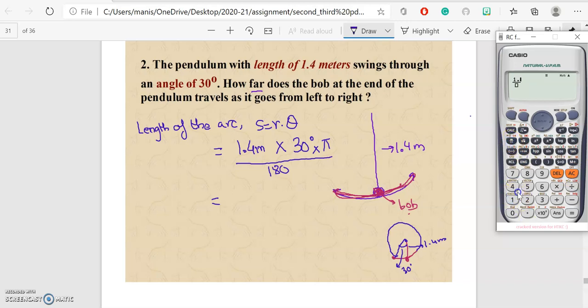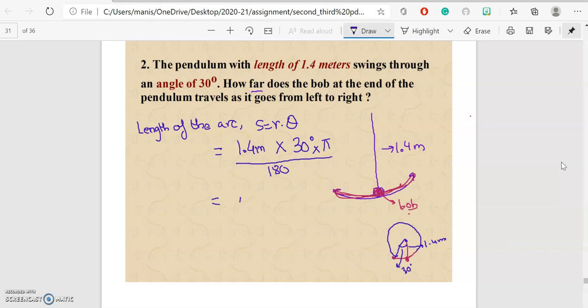So 1.4 times 30 times pi, second shift, divided by 180. I got my answer: 0.733. So my answer is 0.733 meters.